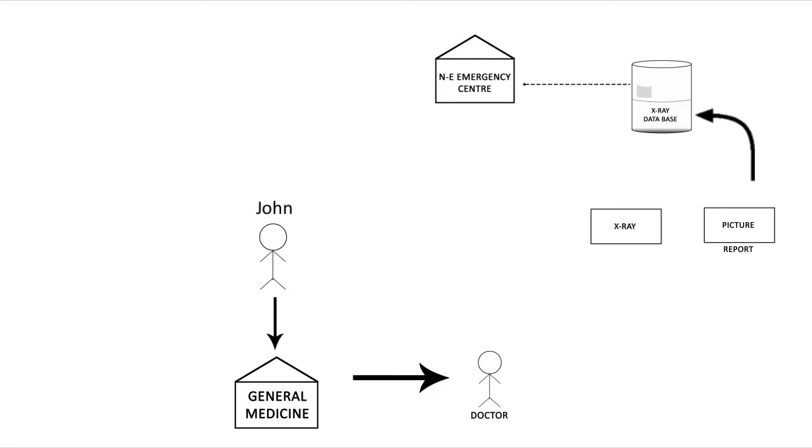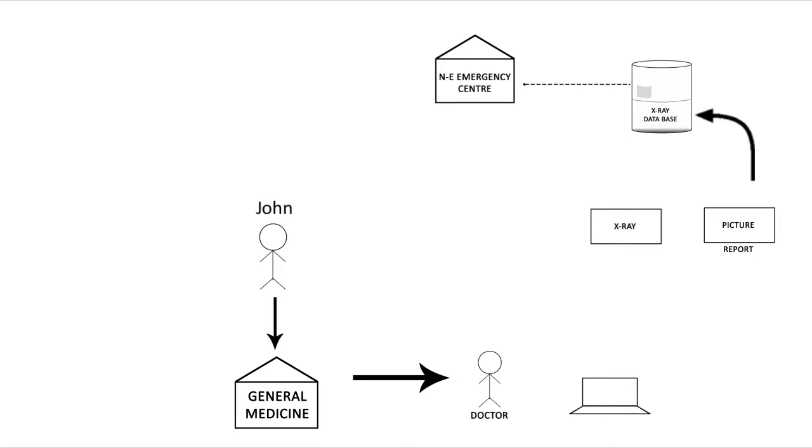And when John is visiting this general medicine doctor, let's assume this is her, this doctor will get her computer and check files about John. And she sees that here is a mark about a person whose name is John, with a unique ID.